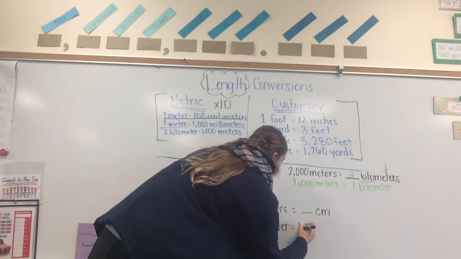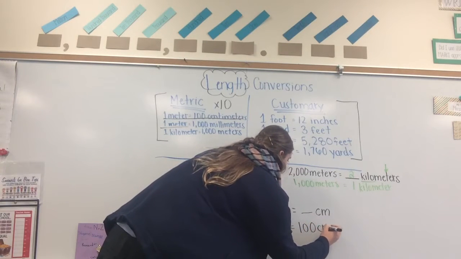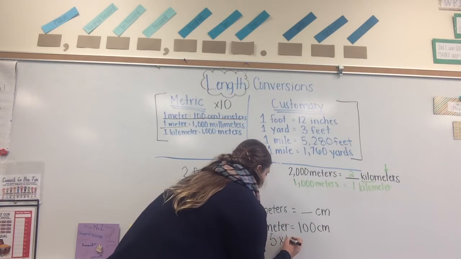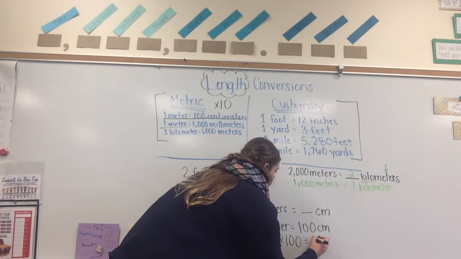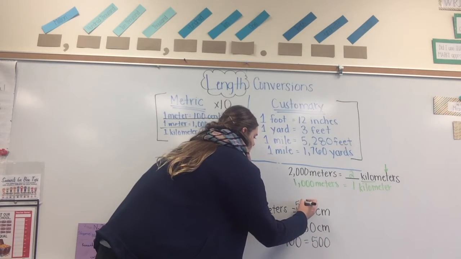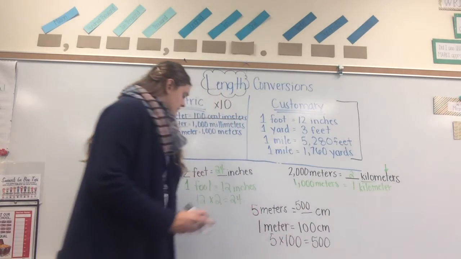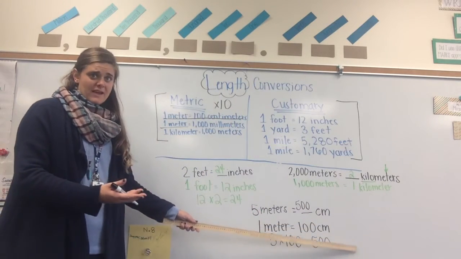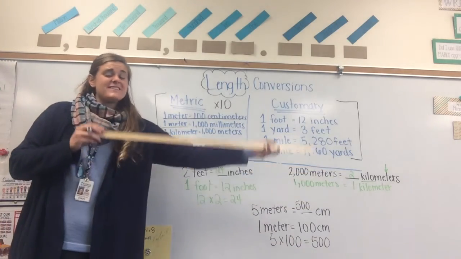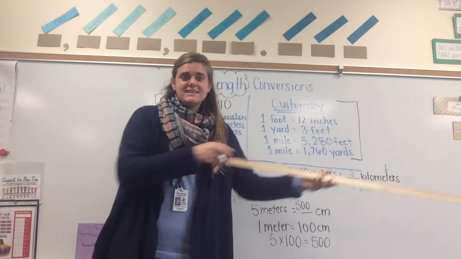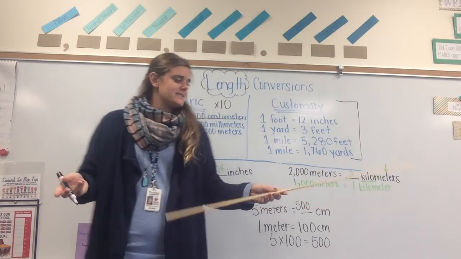So 1 meter equals 100 centimeters. So I'm going to just plug this in. I'm going to do 5 times 100, which equals 500. So 5 meters is the same thing as 500 centimeters. That's like if I have this meter stick and I have 1 of them, this is 100 centimeters. So if I had 5 meter sticks, I would have 500 centimeters.